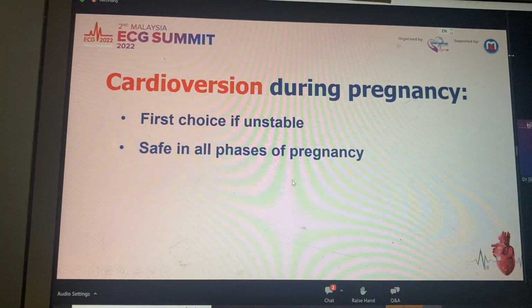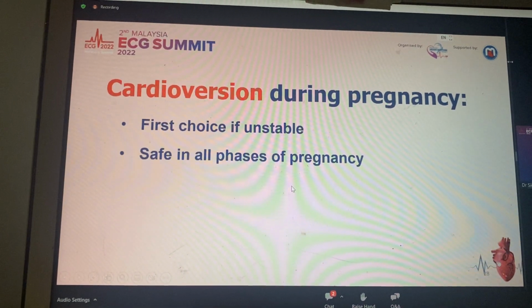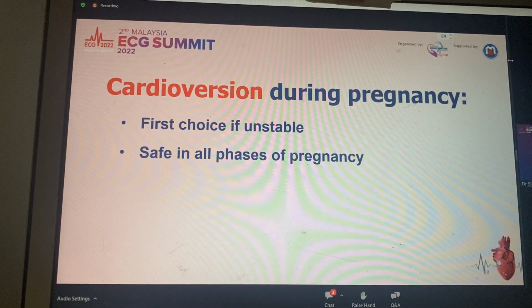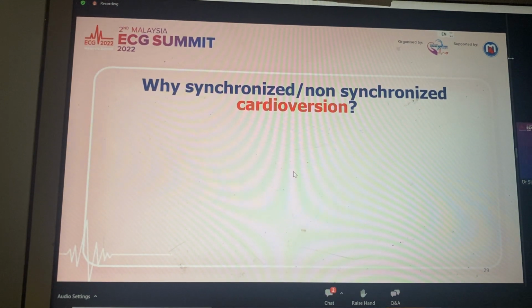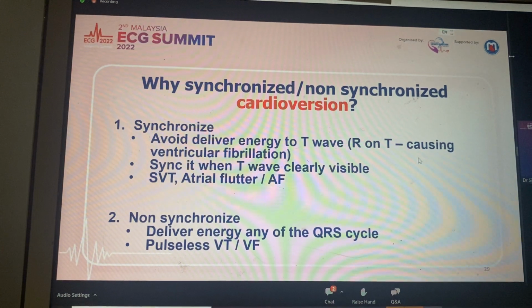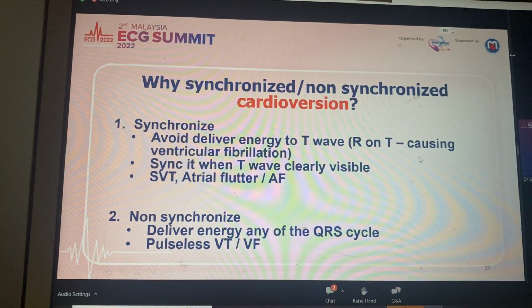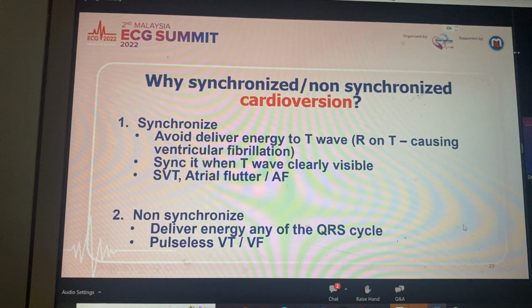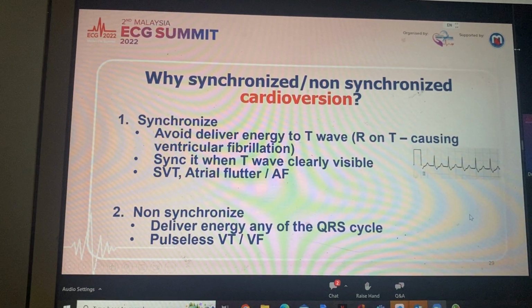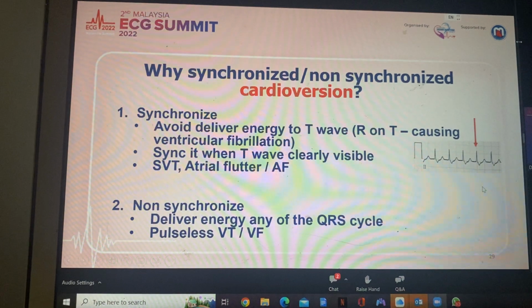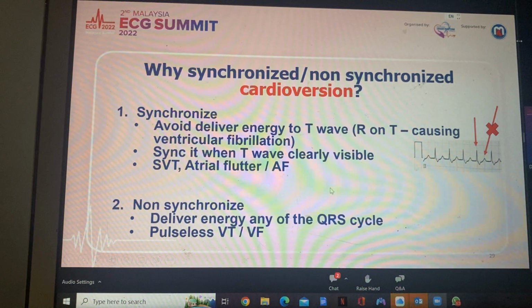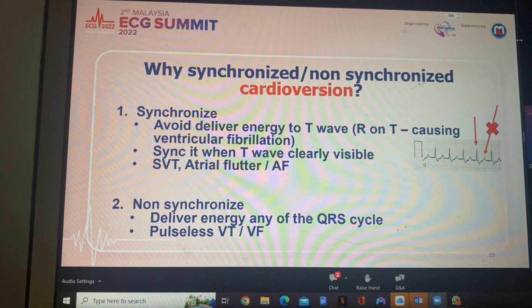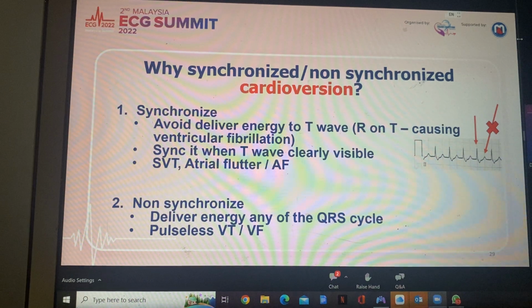All right. So cardioversion, is it safe during pregnancy? Yes, it is safe. And if it's unstable, it's always the first choice. Have you ever wondered why sometimes you want to synchronize, sometimes non-synchronized cardioversion? If you can see a QRS complex and a very nice T wave there, we use synchronized, because we don't want to hit the R-on-T phenomenon, which causes ventricular fibrillation.